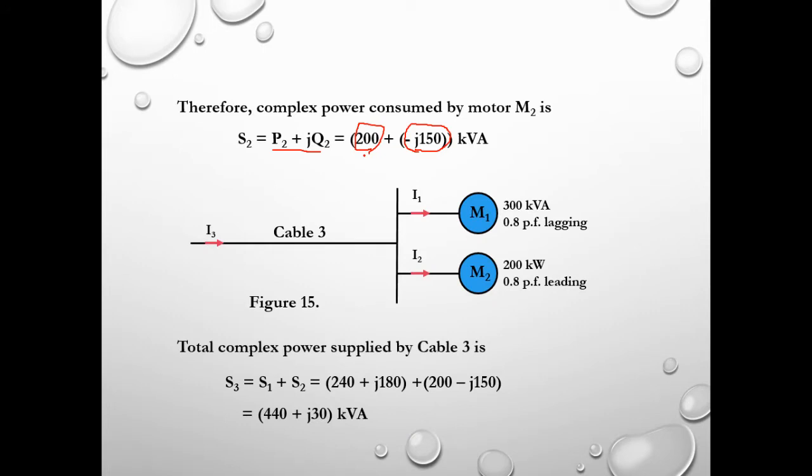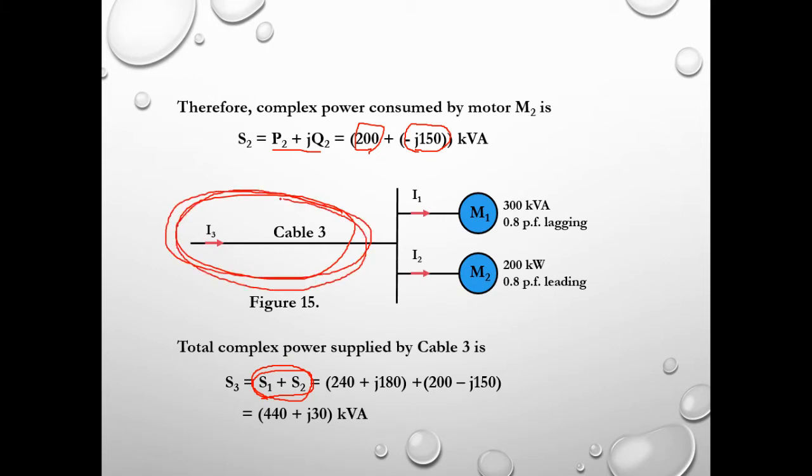And then what happens when we come to the third part, or I3, which consists of cable 3. The total complex power supplied by cable 3 is S3 equal to S1 plus S2. This is the reason why we calculate S1 and S2 in the beginning of the solution, because when the analysis arrives at cable 3, we must calculate the total complex power S3.